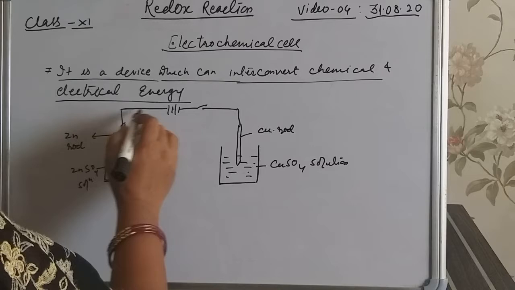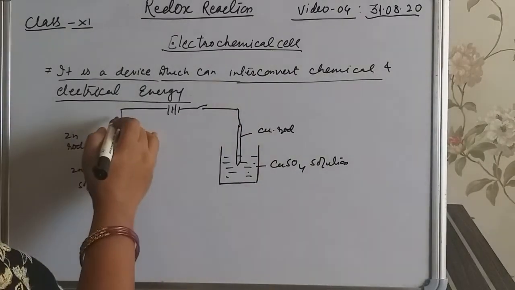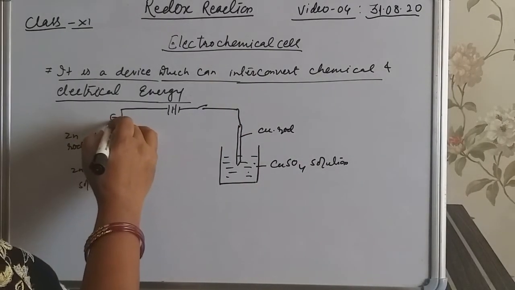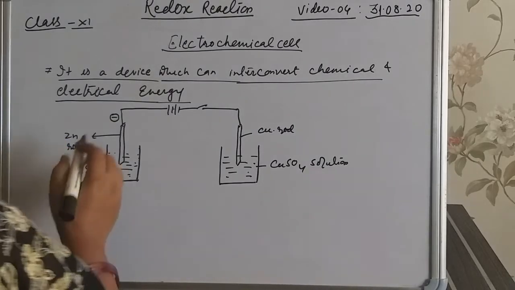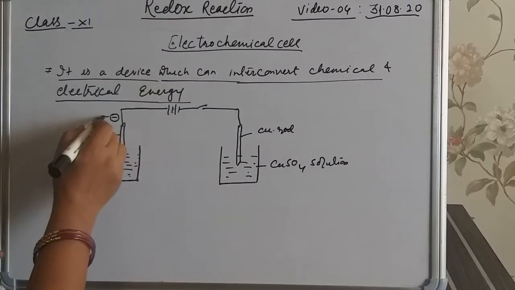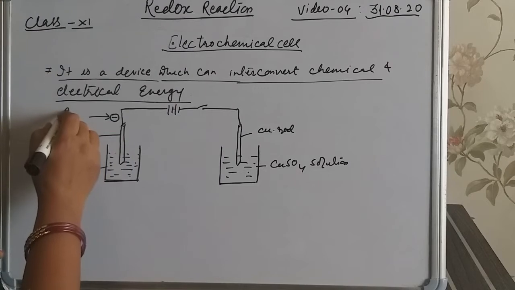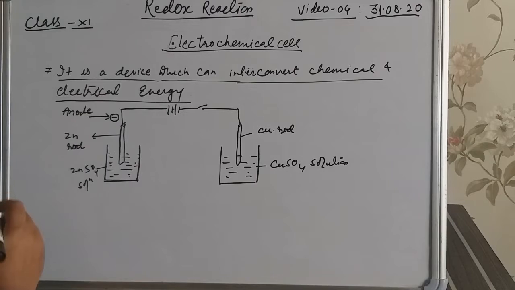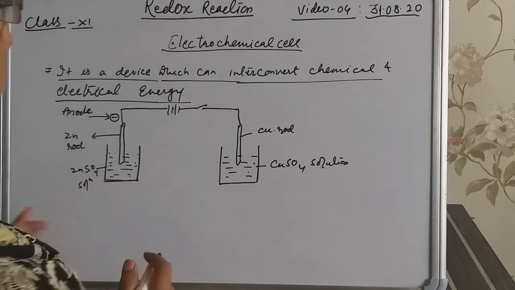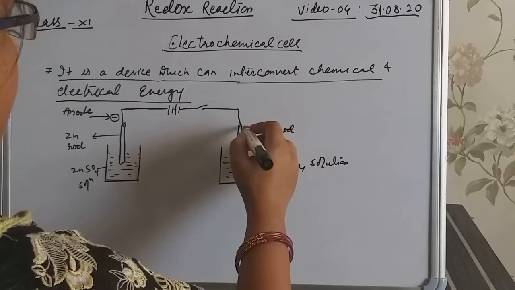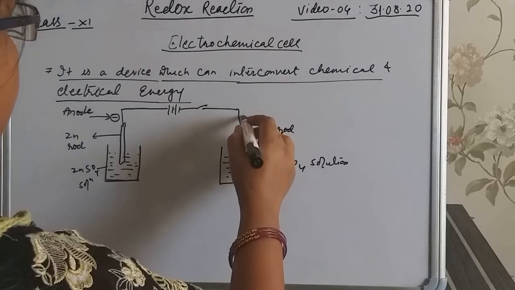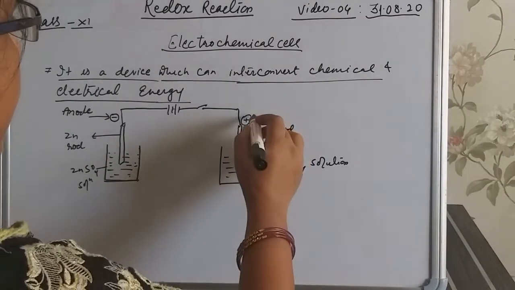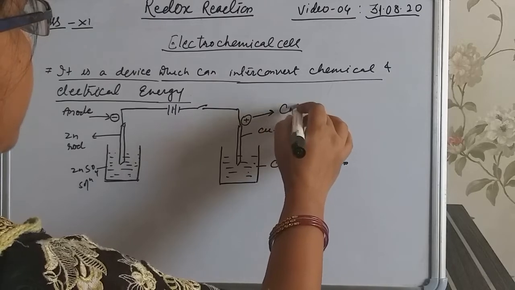This wire connects the two electrodes, and this electrode becomes negatively charged, so it is called the anode. The zinc electrode is called the anode. In an electrochemical cell, the anode is negatively charged, and the positively charged electrode is called the cathode.